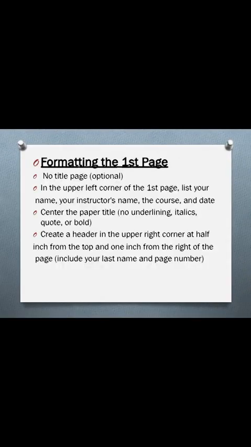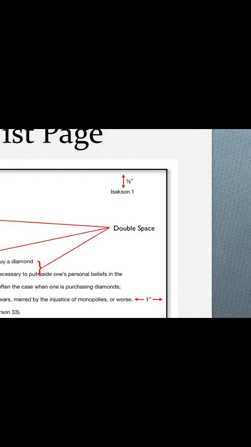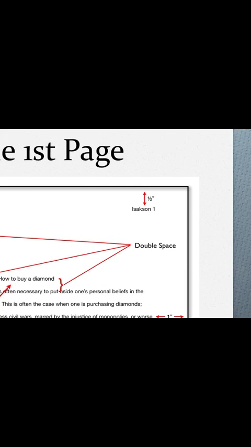Create a header in the upper right corner at ½ inch from the top and 1 inch from the right of the page. Include your last name and page number. This is the upper right corner of your page. It includes your last name.